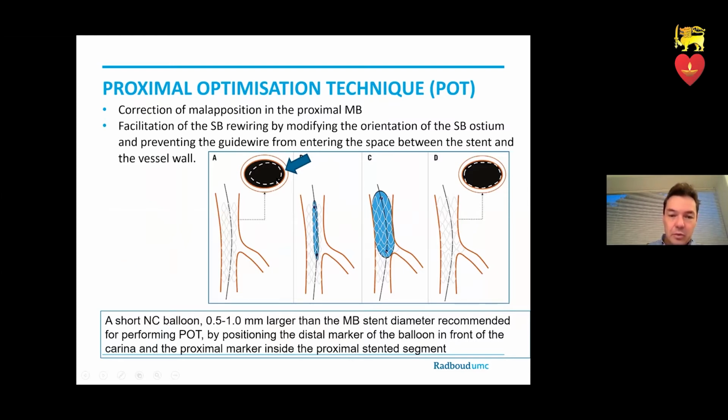So you have to get apposition, but you don't have to dilate the lesion. You can do that in the second POT. So in this area, in A, the first step, it's in principle low pressure, just to modify the carina and get full apposition. In the last POT, there's no jailed wire, and you can really go up to high pressures. There's nothing jailed anymore.